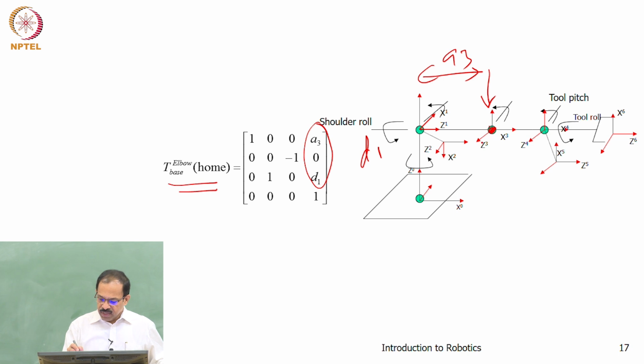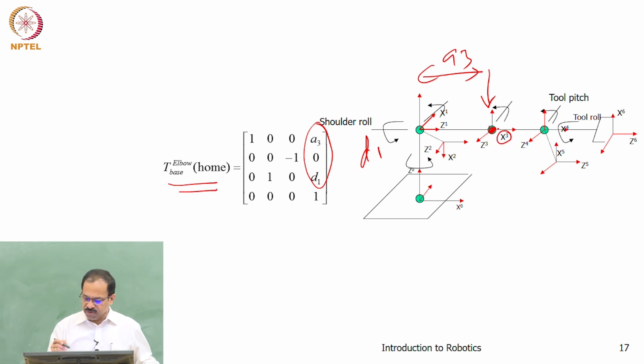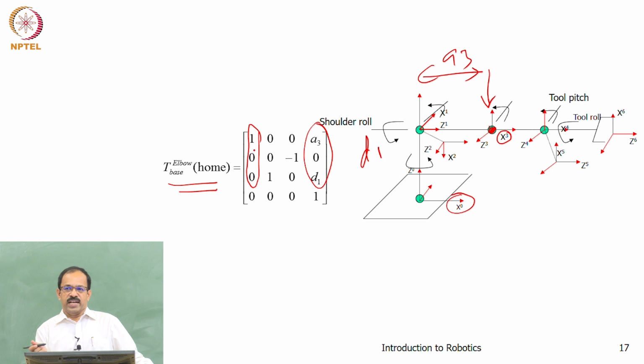You will see that the x axis of the third frame, or the elbow frame, is aligned with the x0 of the origin frame, and therefore you will see this is 1, 0, 0. The vector is aligned along the same direction, both x axes, so it will be 1, 0, 0. Now you will see that the y axis of the elbow is along the z0 axis.